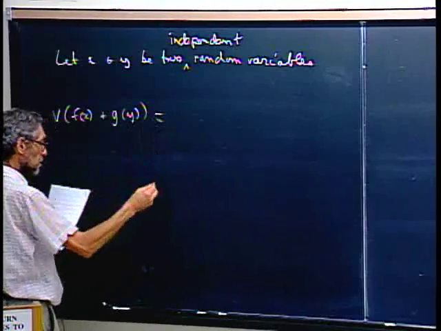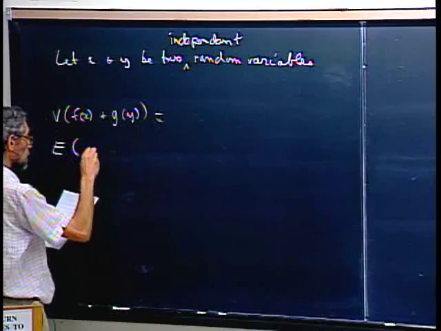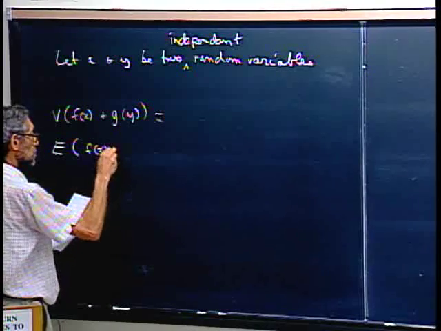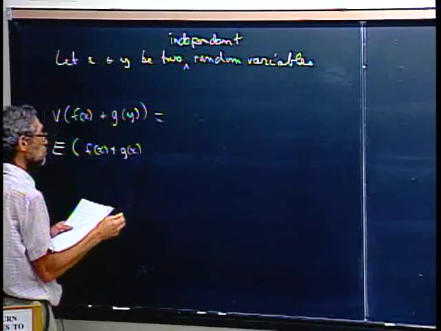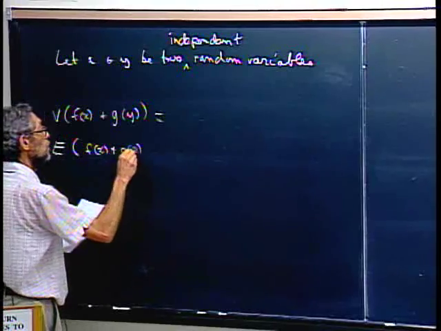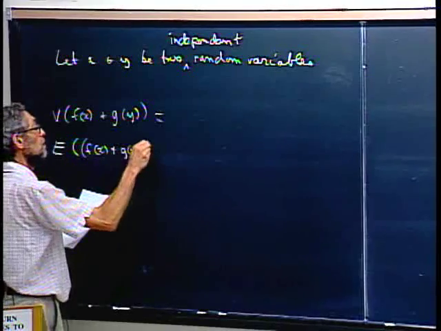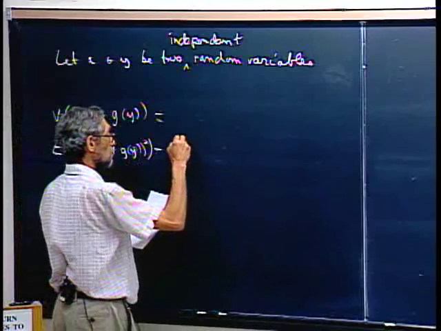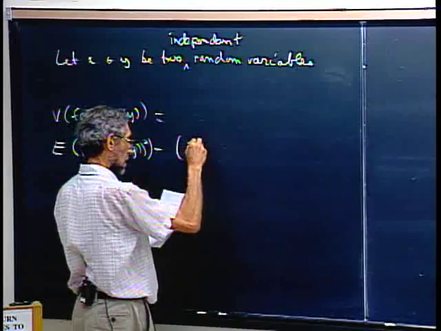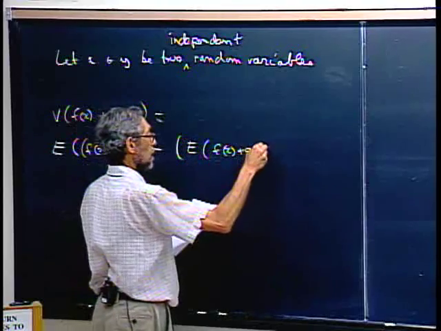By definition, that's the expectation of f(x) plus g(x). Actually, not by definition. By the property I proved last time, we can write it as the expectation of this thing squared minus the square of the expectation, f(x) plus g(y).